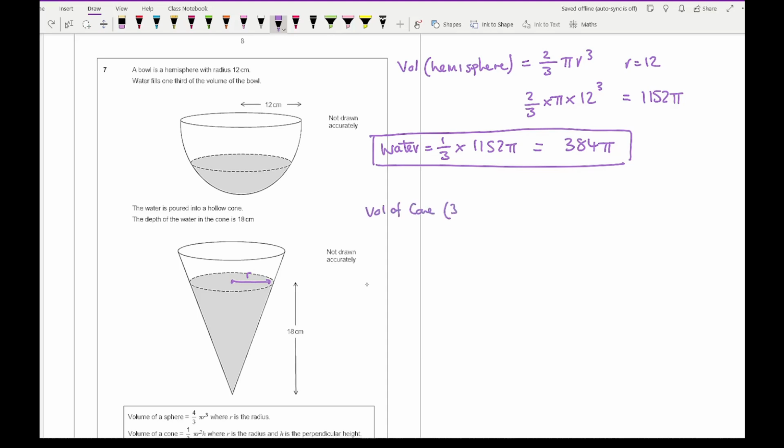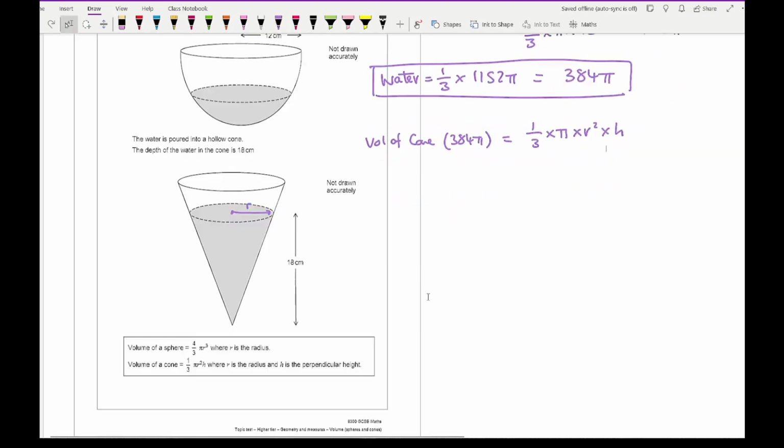So here, working with the volume of the cone, which I know is 384 pi, and the formula for the volume of a cone is 1/3 times pi times r squared times h. I know the radius is what I'm trying to find, so I write r squared, and the height of the cone is 18, all divided by 3.